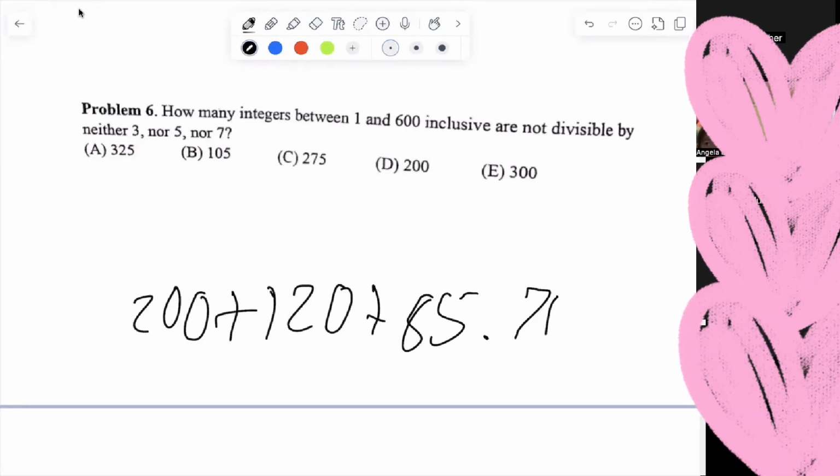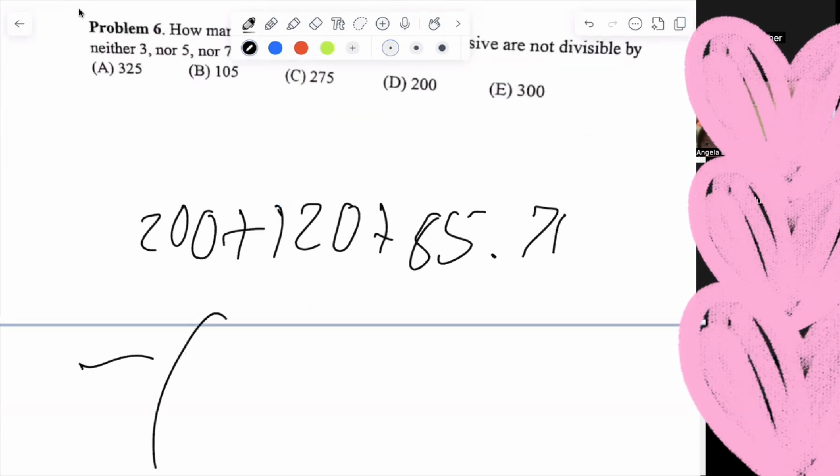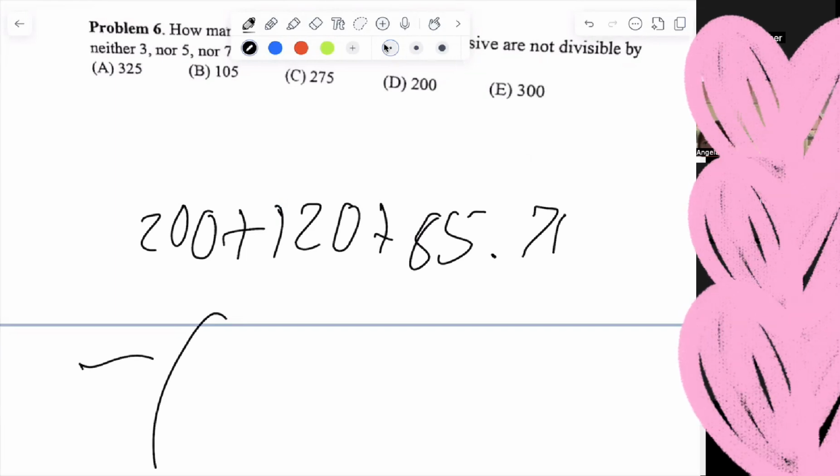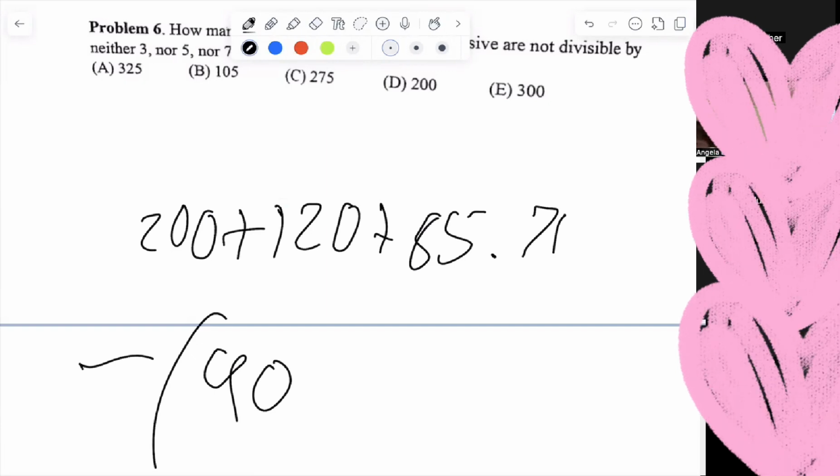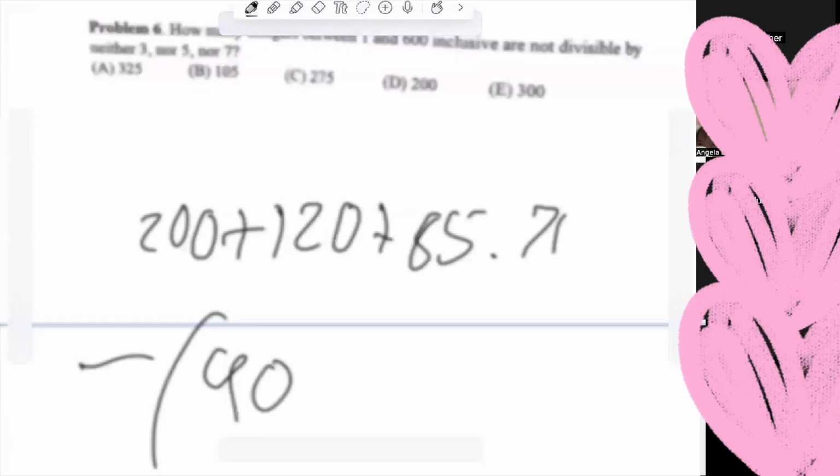From there, we then subtract the intersections of the two. The first one is the intersection of 3 and 5. How many are divisible by 3 and 5? Basically 3 and 5 is 15, so how many are divisible by 15? Well, that's 40. How many are divisible by 35?